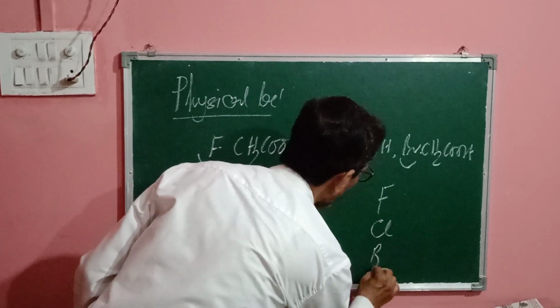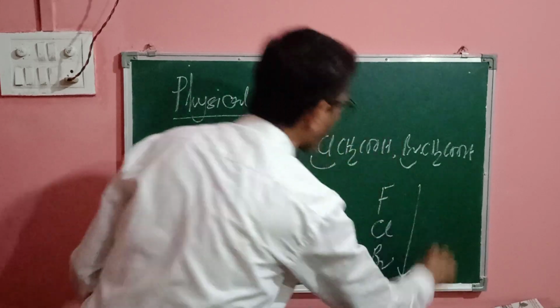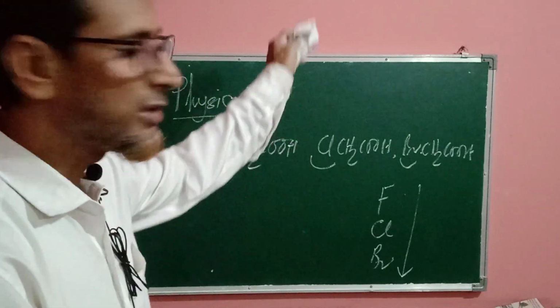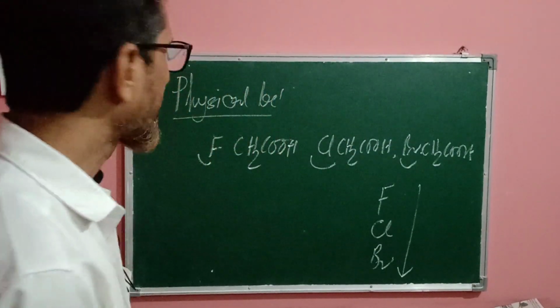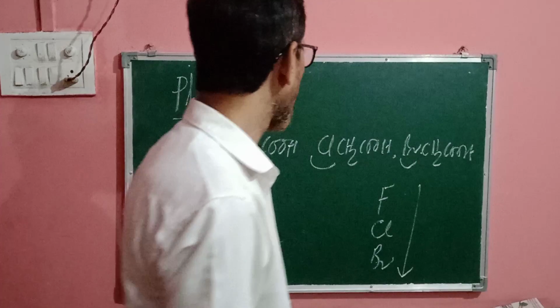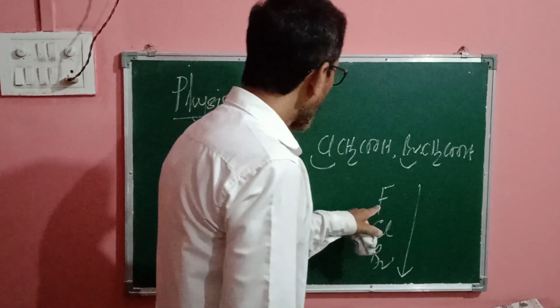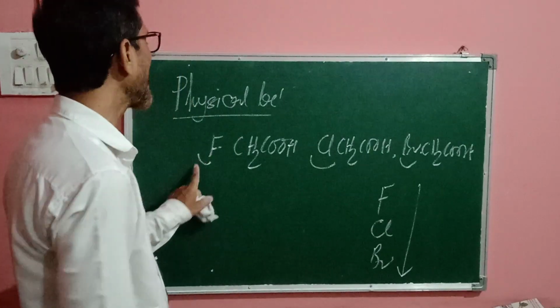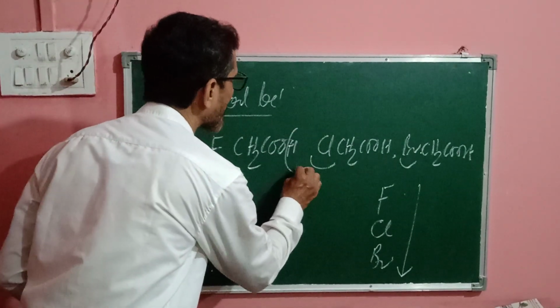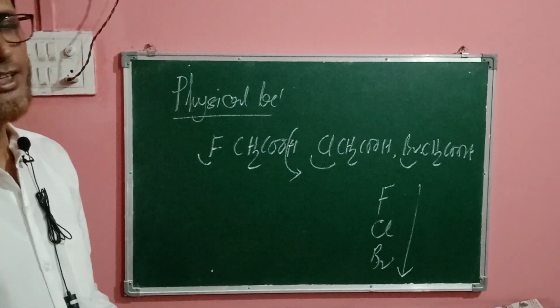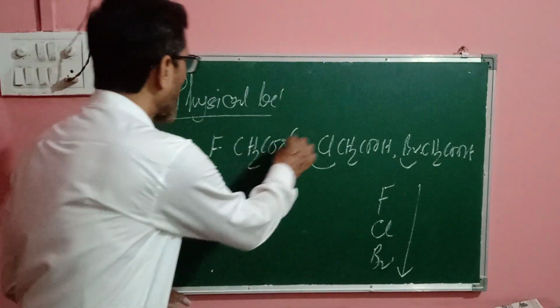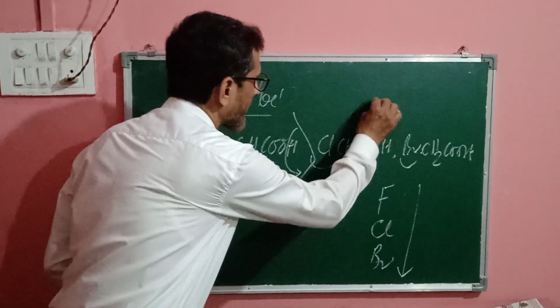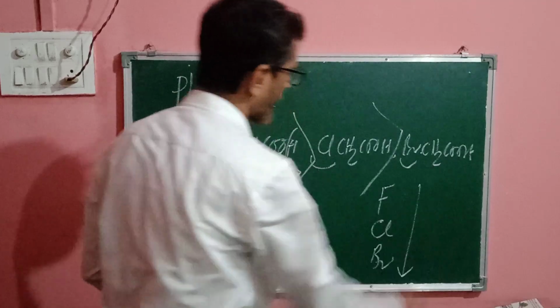Fluorine, chlorine, bromine, group wise in this way. So electronegativity decreases down the group. Smaller the atom, higher is the electronegativity, and the electronegativity effect of fluorine is more. So electronegativity facilitates the release of hydrogen as proton. So that one is stronger than this, than this.